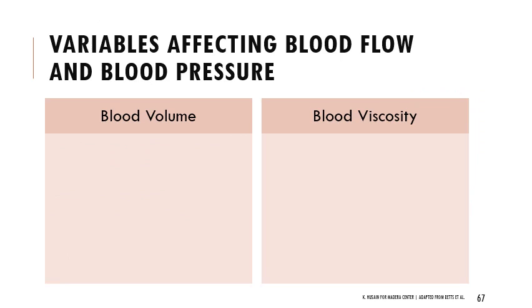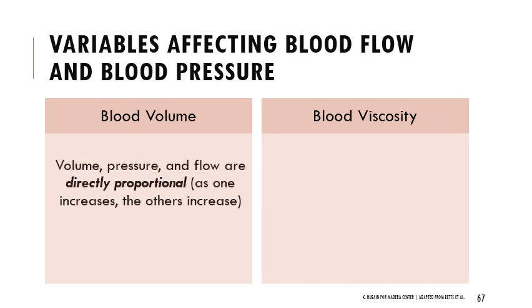So a few more factors that affect blood flow and blood pressure include the volume of blood. So remember, we talked about that first in terms of cardiac output, the volume of blood that's leaving the heart and entering the vessels, but total blood volume also makes a difference. So the volume of blood, blood pressure, and blood flow are all directly proportional to one another.